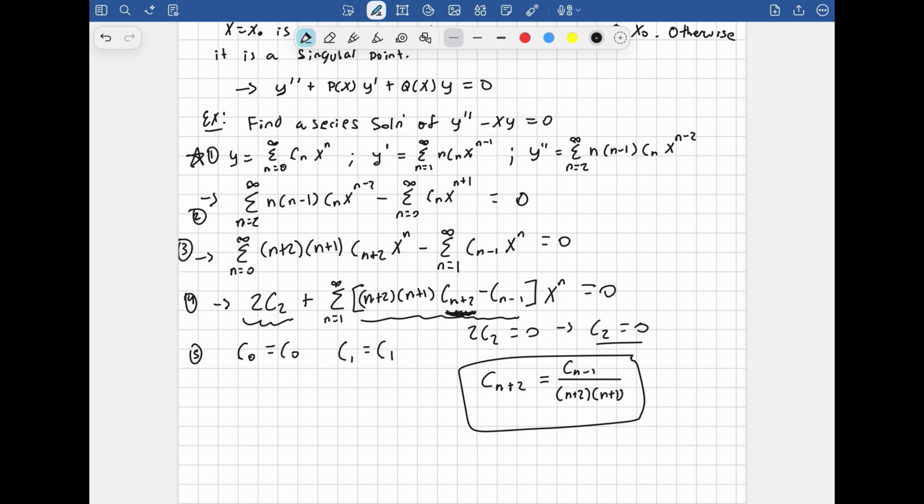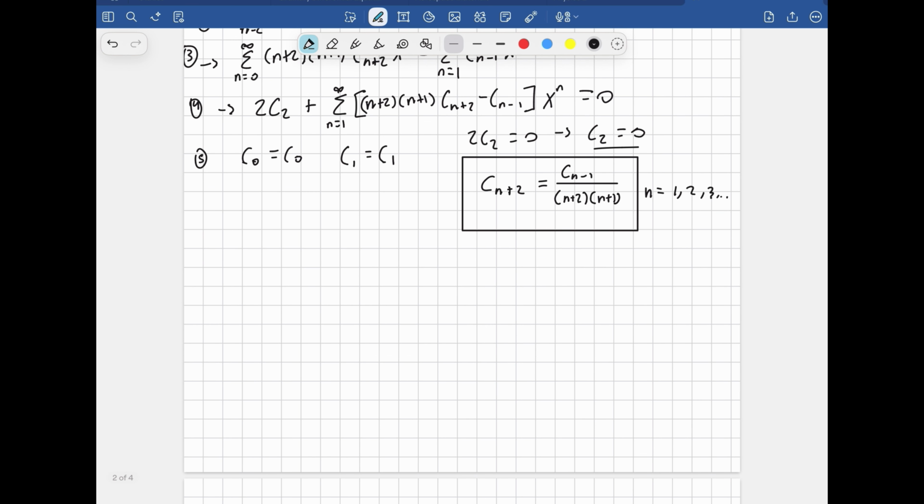This is our recurrence relation, and this is when n equals 1, 2, 3, etc. You can see that I just took this term right here, solved for it by setting this whole thing equal to 0. This goes to the other side, and these go in the denominator.